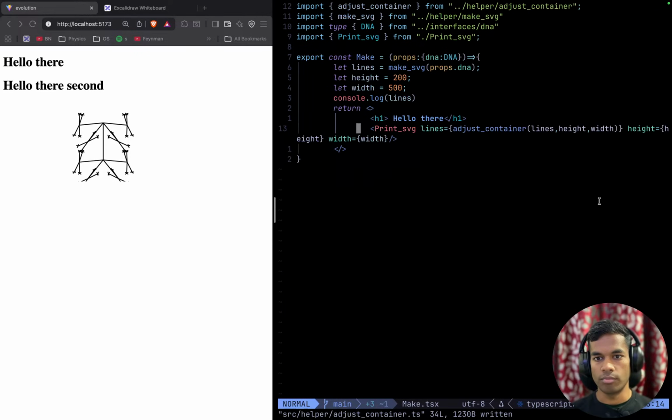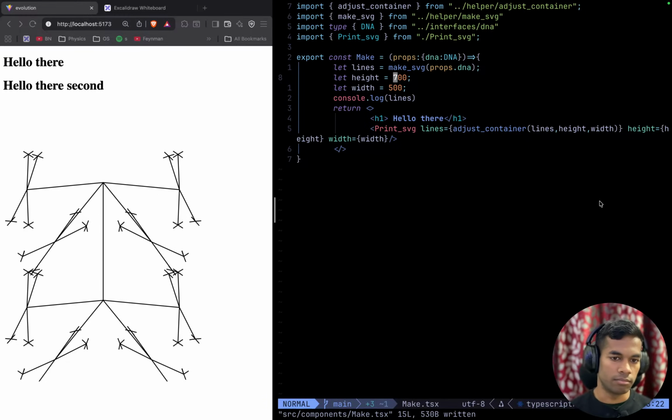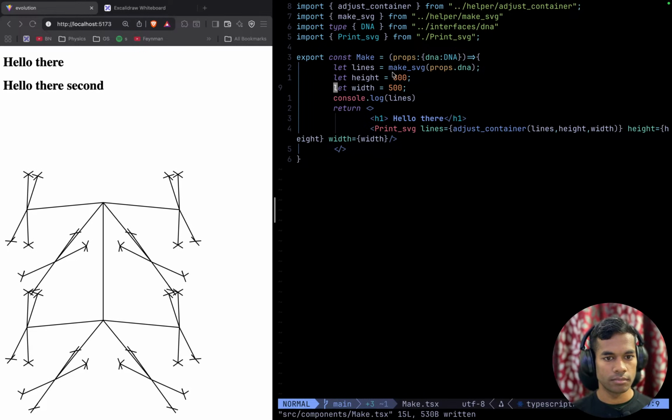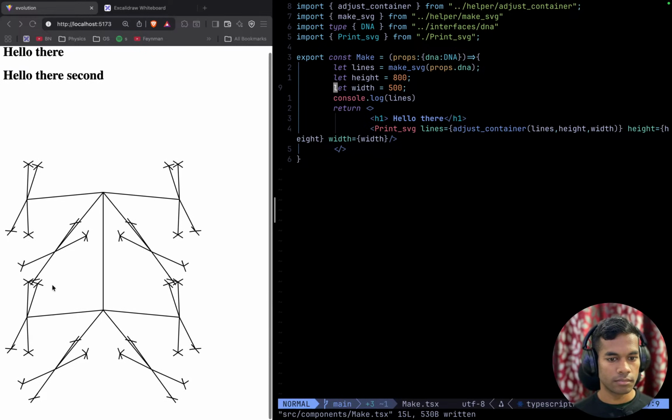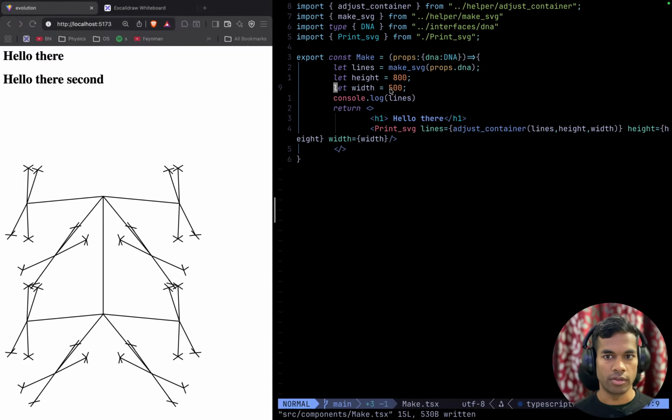And now we should be okay, even if we change this to some big number. Yes, the organism is not going out of screen, and wait, I think it is still going out of screen. Now it is not going out of screen.